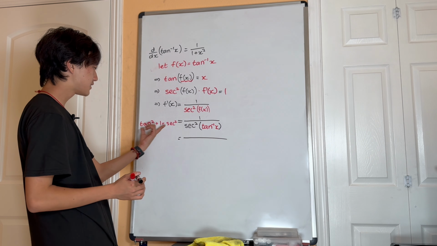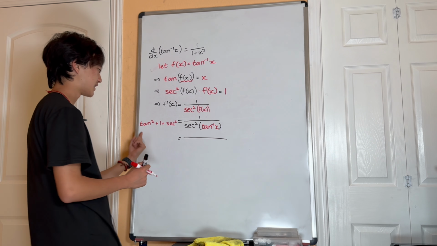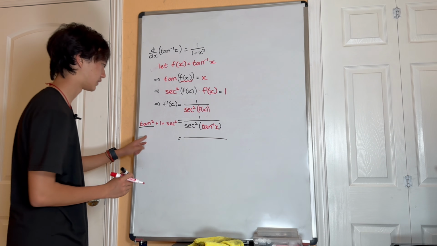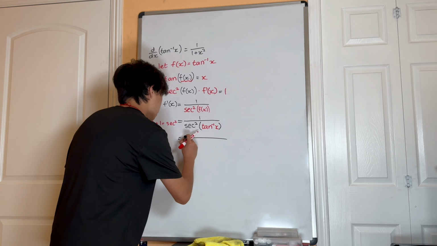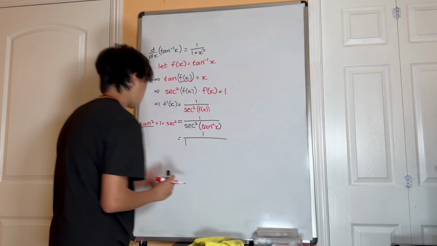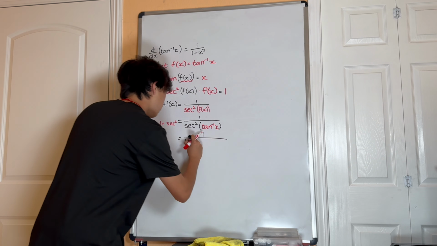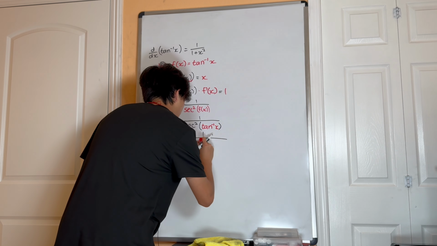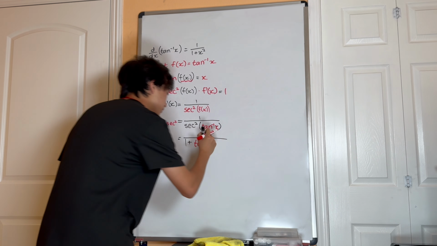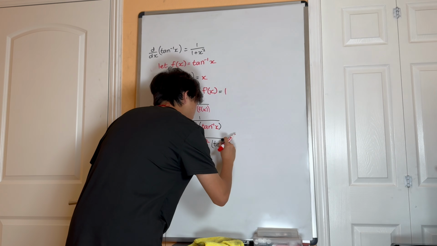So we can replace this secant squared with 1 plus tangent squared, and that's where we got the tangent from, that it's going to cancel with this inverse tangent on the inside. So down here, I'm going to put down this 1 first, then add it with this tangent squared. And then on the inside of the tangent, we're going to have this inverse tangent.